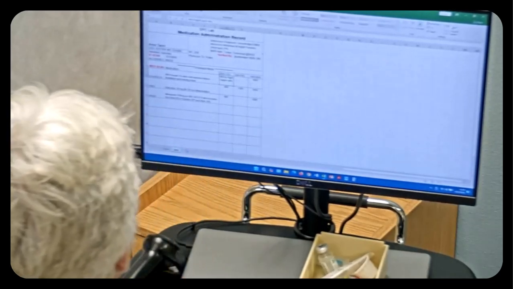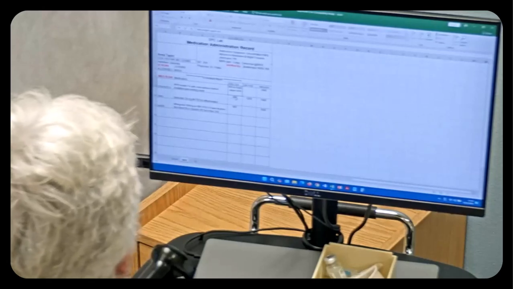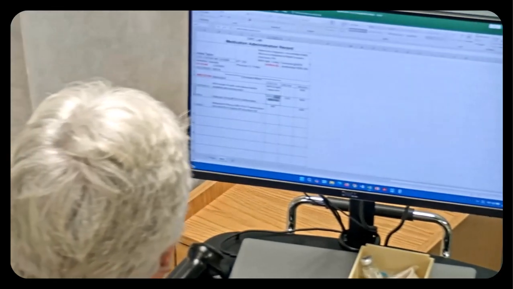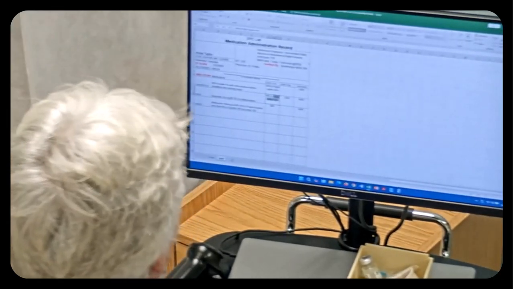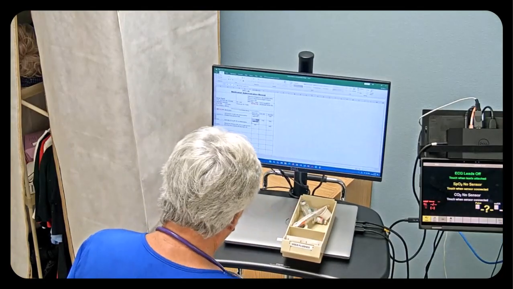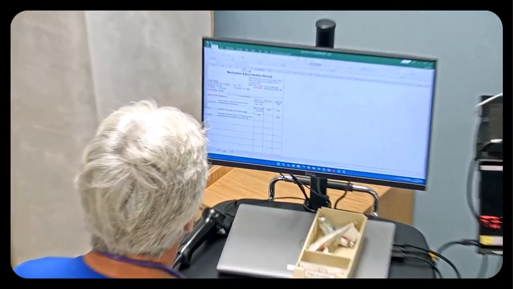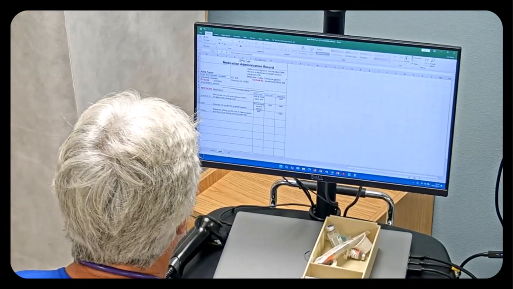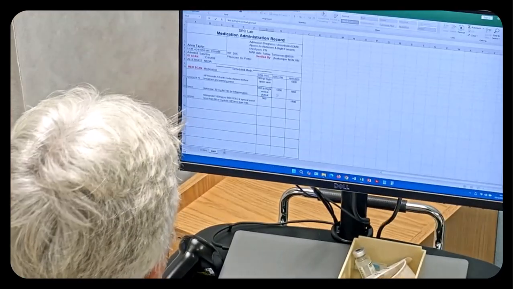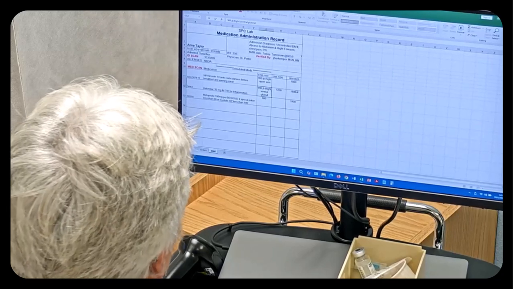So I put my initials, I put where the location is, in my Ketorolac, my initials that I gave it, and we gave it in the right ventral gluteal. And we don't have to put IM because it's already saying we've got IM, so the next nurse knows where it was given and who gave it, okay?